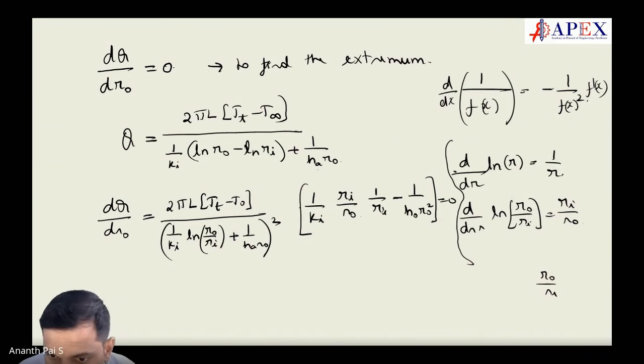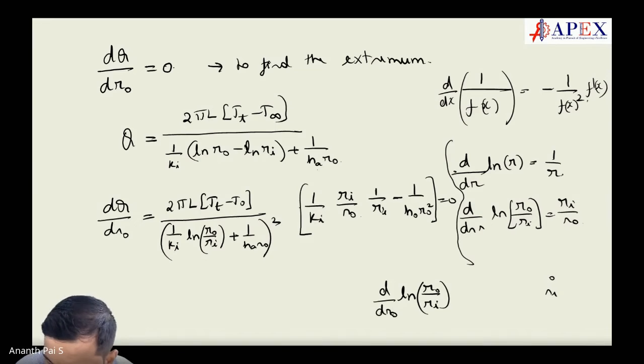Sir, but you're differentiating with respect to R naught, no, sir? Exactly. I'm not differentiating ri. See what I have. Log of r naught by ri, when I differentiate, d of dr naught of this would be equal to ri by R naught, then d of R naught by ri.